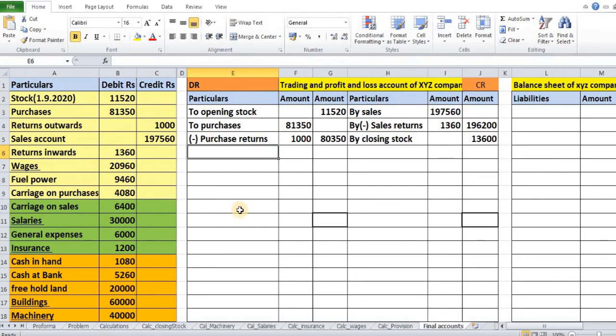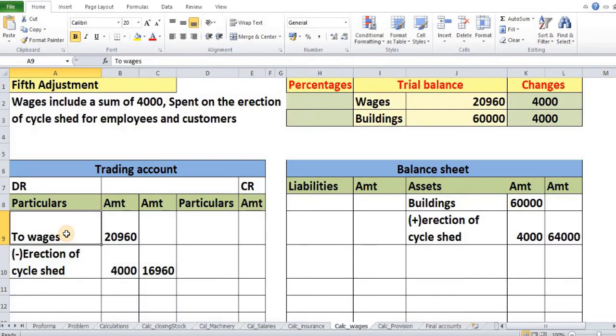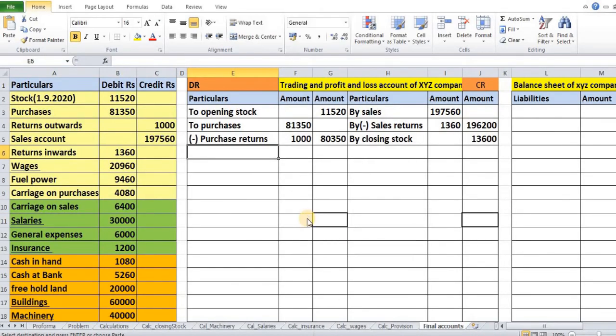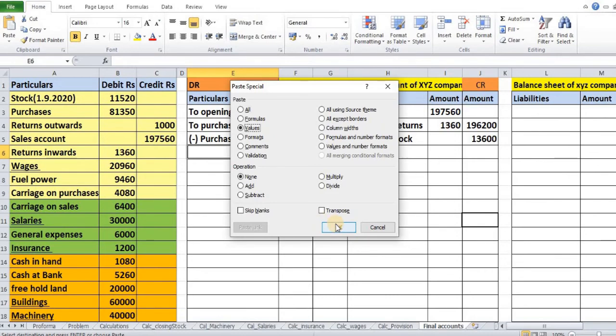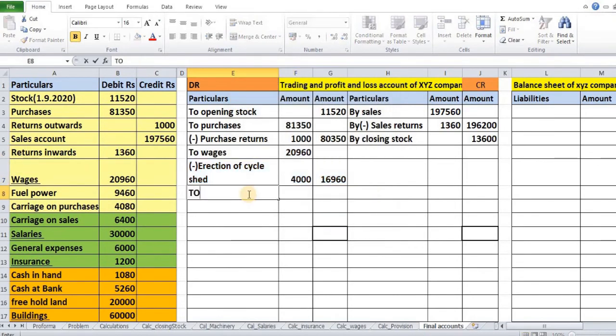In this problem, we have an adjustment for wages. We have already prepared the workings for wages. So we will copy the same thing from previous tab and paste it in this tab. Now we will mention fuel and power on the debit side of the trading account and mention 9,460 in the outer column.